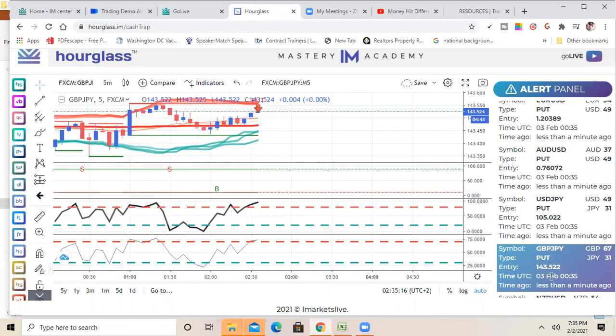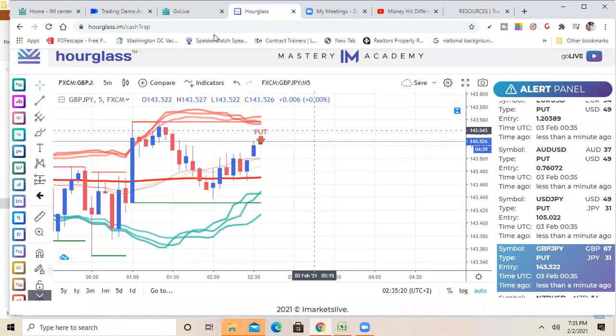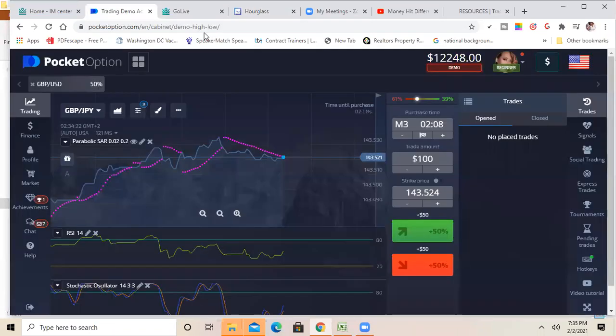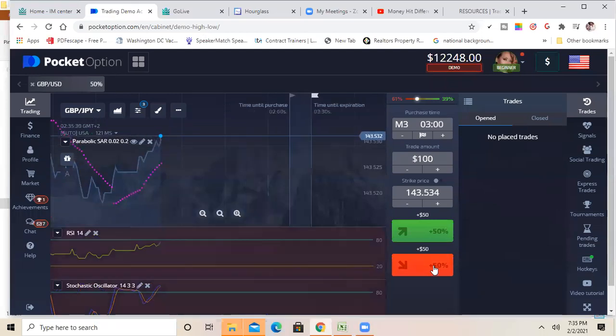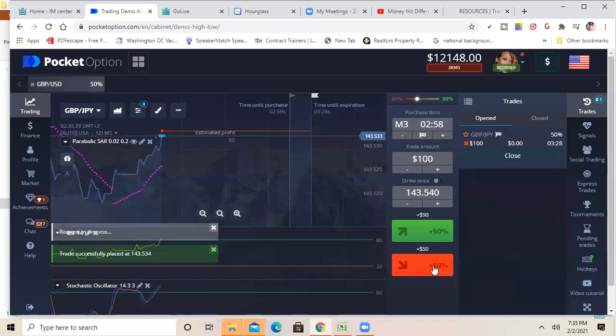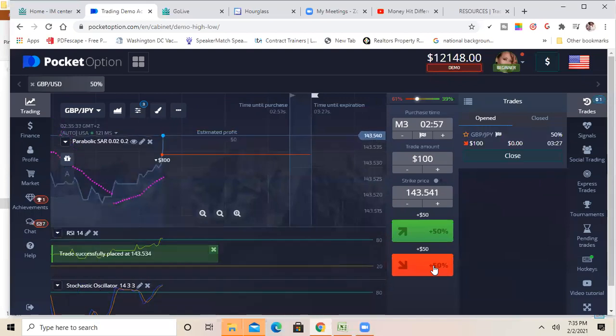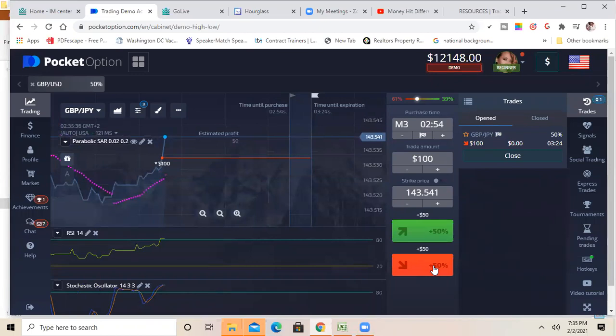It says it's a put. You see the arrow up top here. It's down. So I'm coming over here. I'm betting $100 and I'm hitting put. Make sure you're in the right trade. GBP, JPY, and we're just going to hit put. We're in the trade now.